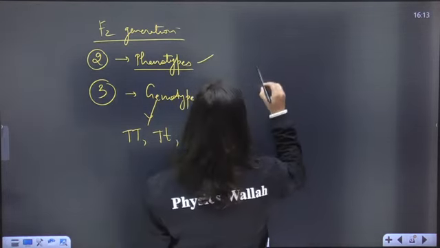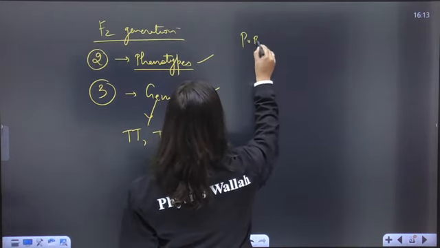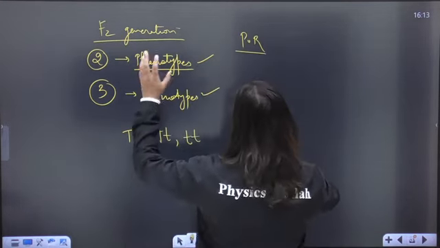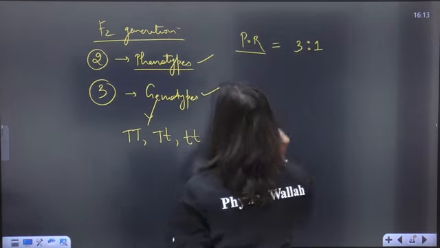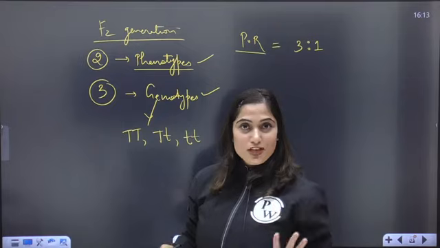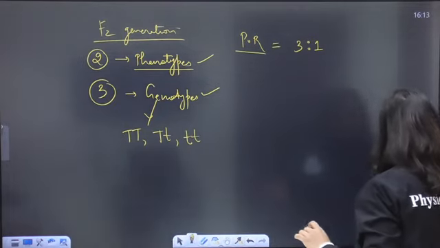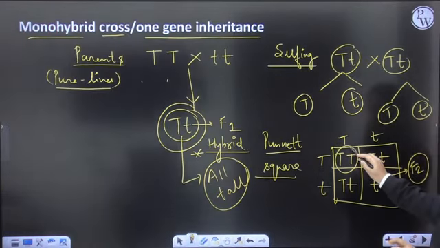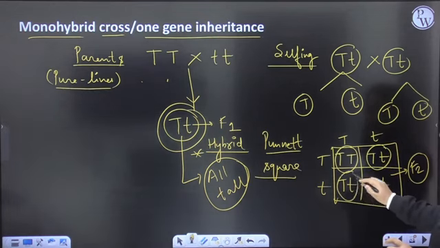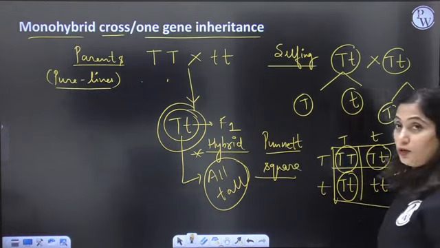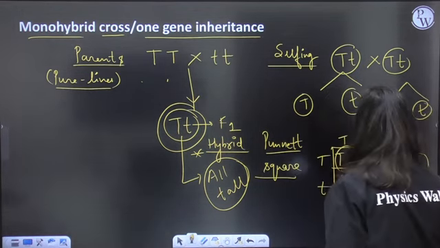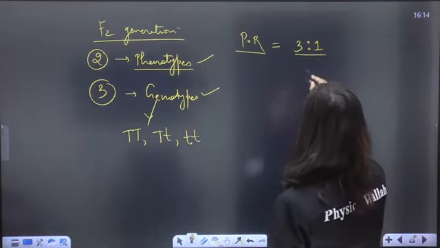Now let us talk about the phenotypic ratio. The phenotypic ratio in the F2 generation comes out to be 3:1. What is the phenotype? The outer appearance. So this individual is tall, this is tall, this is tall. So how many tall? 3. And how many dwarf out of 4? So the ratio comes out to be 3:1.